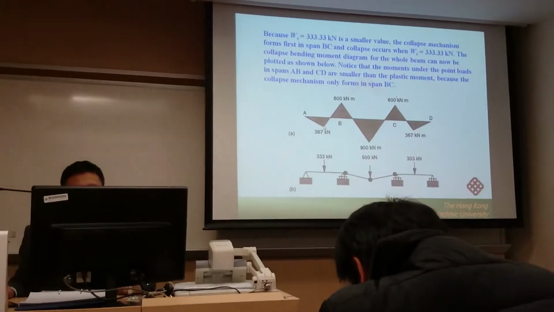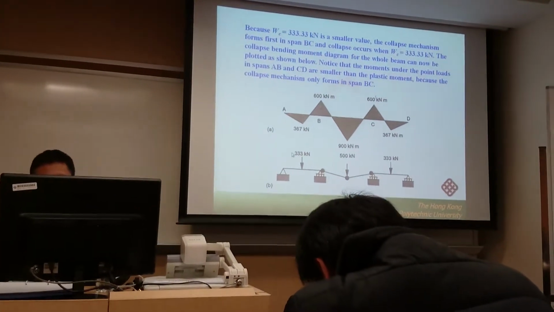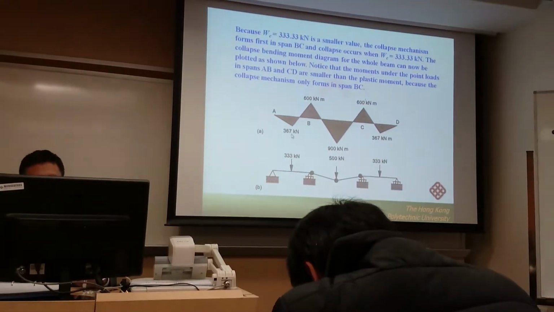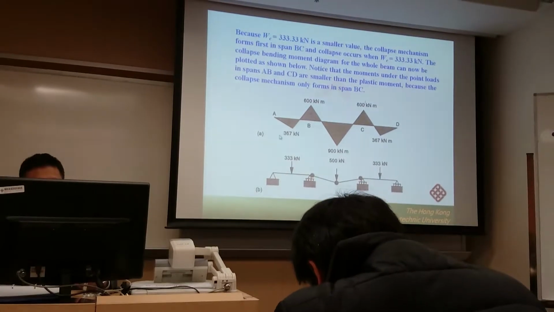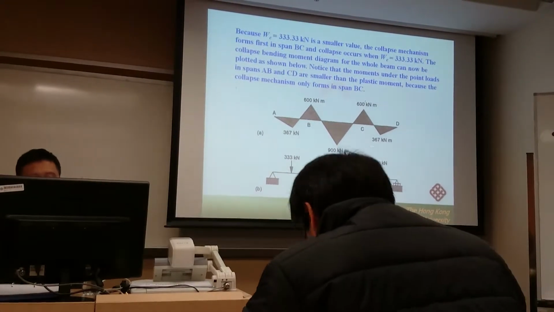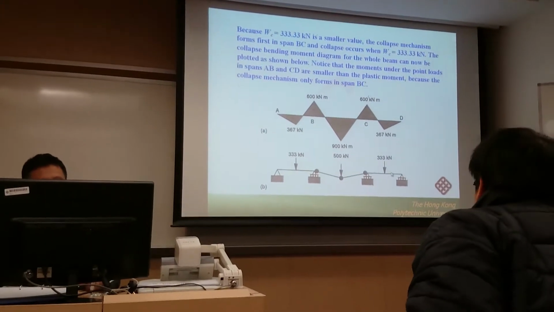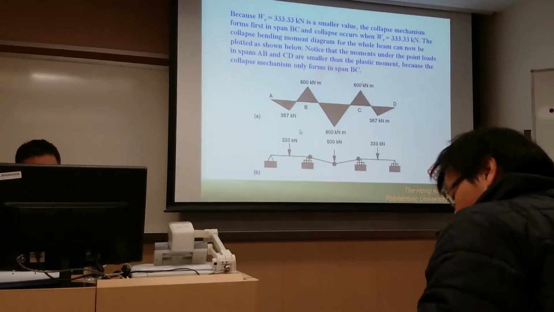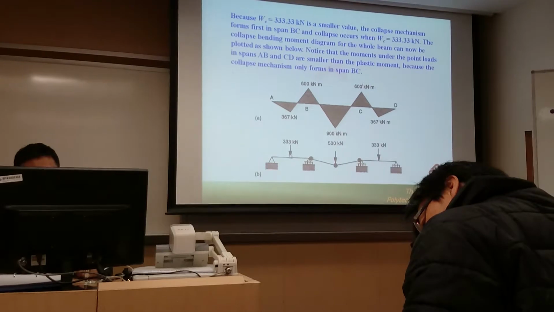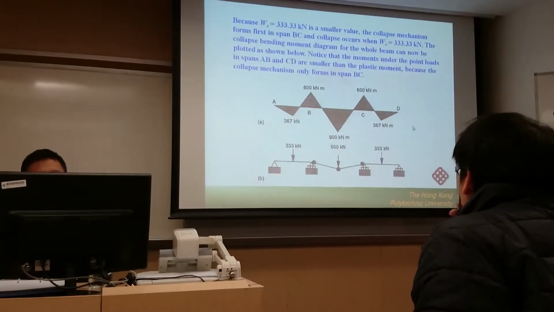So the moment at this point and the moment at this point should be less than the plastic moment. I will talk in detail about how to calculate the moment for this location. You can try to get the solution first, and maybe next week I will show you how to obtain the moment for this location and for any other cross sections.